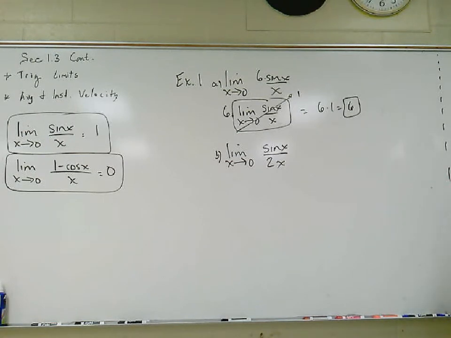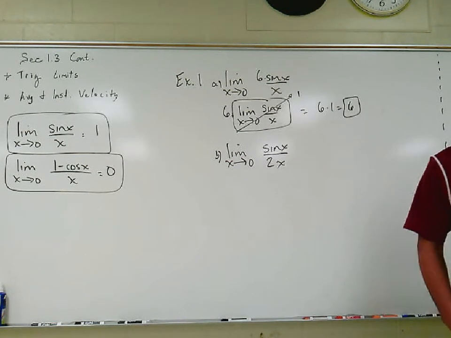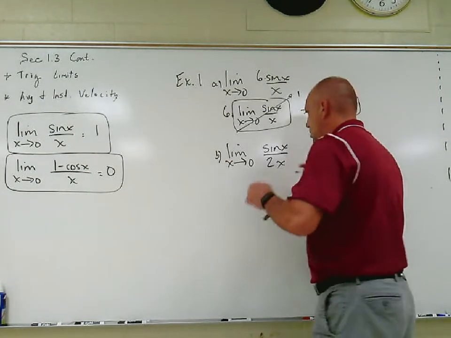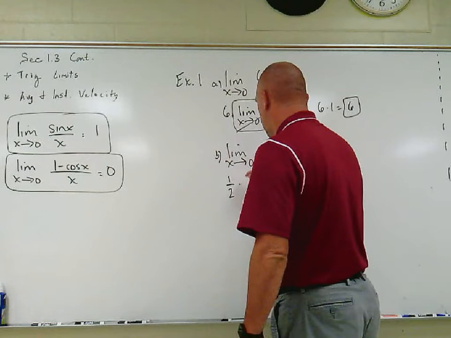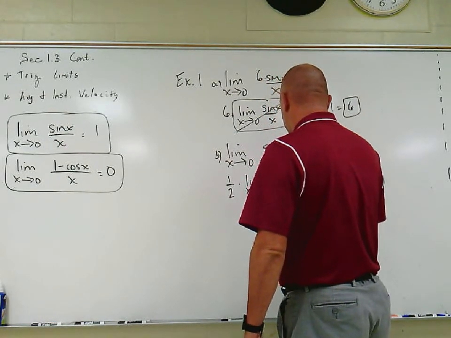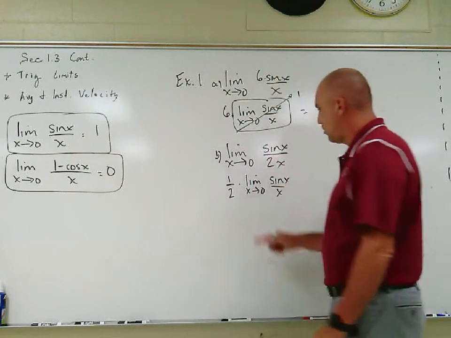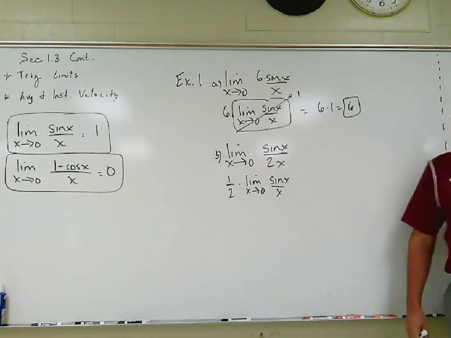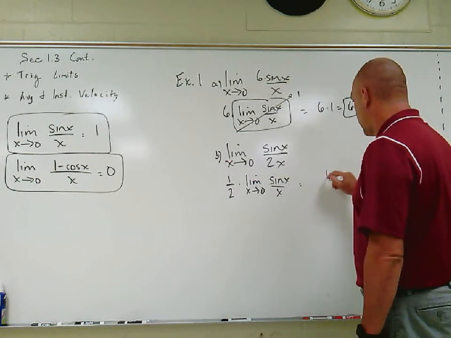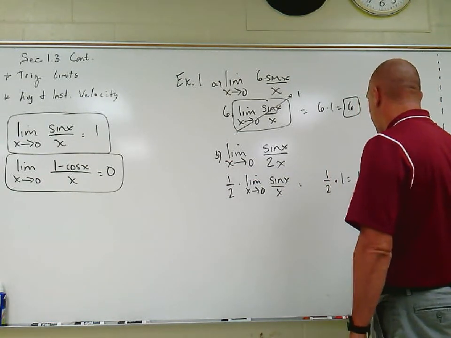So we don't have a 2 in the problem, we have a what in the problem? 1/2. So the same idea, I can pull the 1/2 out times the limit as x approaches 0, sine x over x, and now I can make that substitution: 1/2 times 1, which is 1/2.